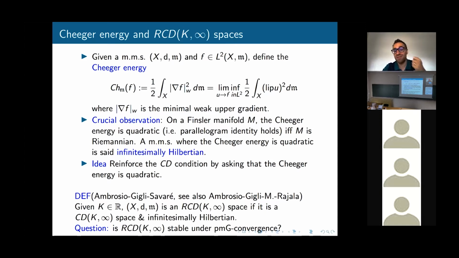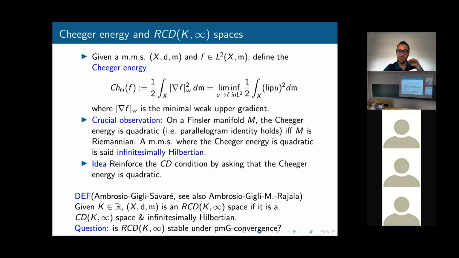But what saves us? Why you have some hope here is that you have this zero order convergence, or this measurement of convergence, coupled with a uniform second order bound, which is the convexity of the entropy, which is the lower bound on the Ricci, which is a second order object.